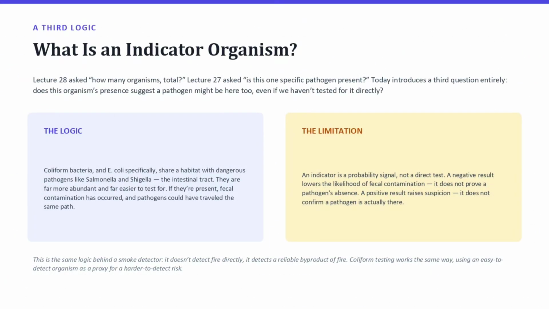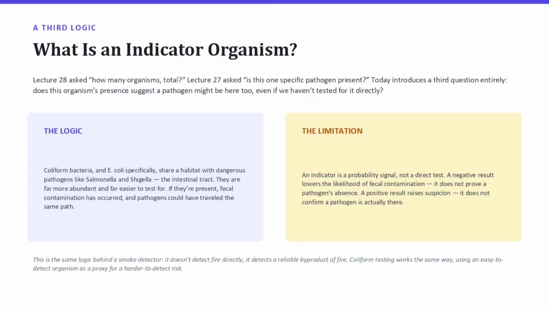Let's start with the core concept. What is an indicator organism? Lecture 28 asked, how many organisms total? Lecture 27 asked, is this one specific pathogen present? Today introduces a third question entirely. Does this organism's presence suggest a pathogen might be here too, even if we haven't tested for it directly?